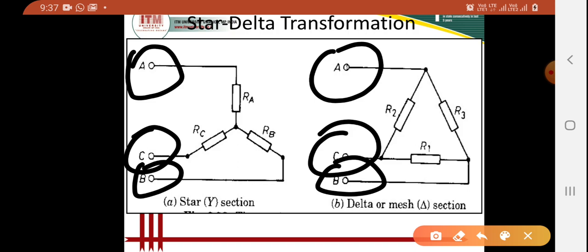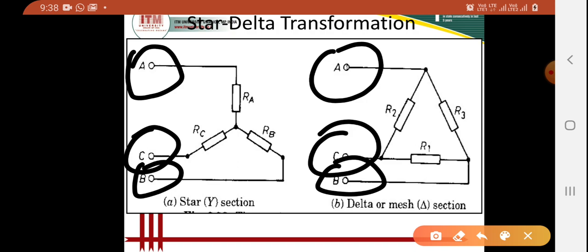So when we are talking about the transformations, from star to delta or delta to star, this allows us to change the three connected resistances. As per the figure you can see, you can also take three impedances and make the star connection or delta connection.